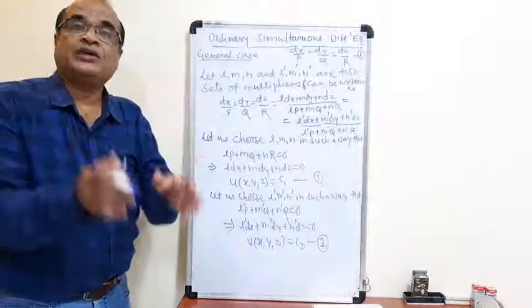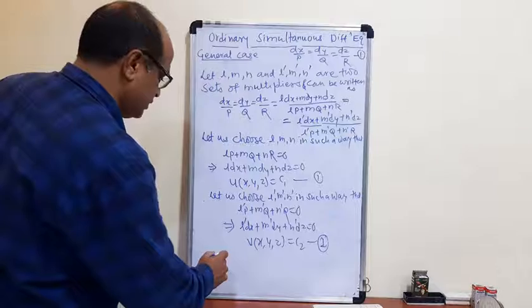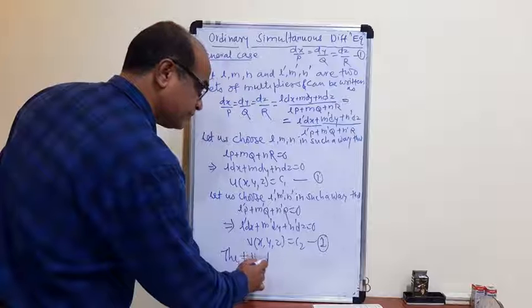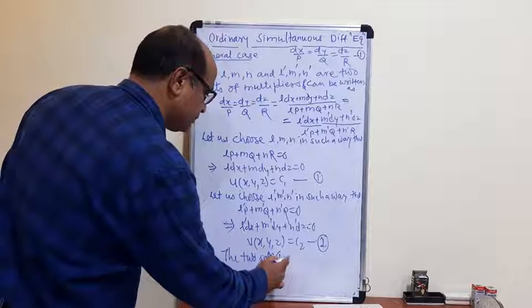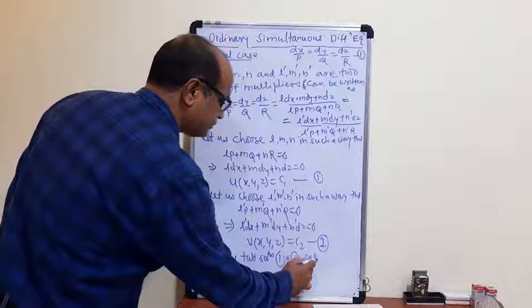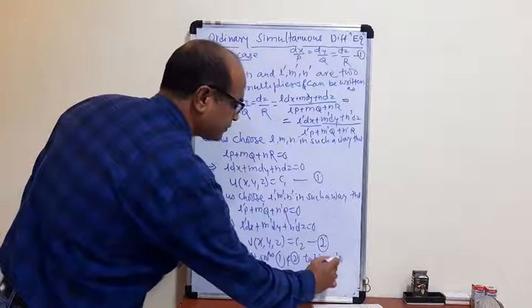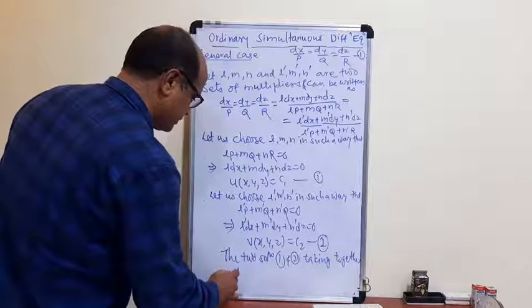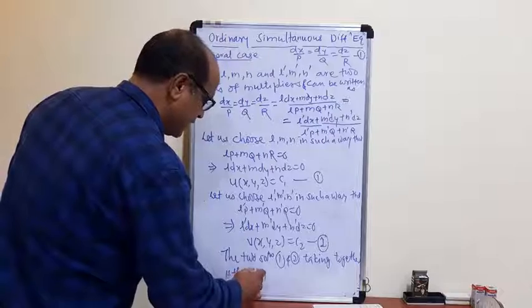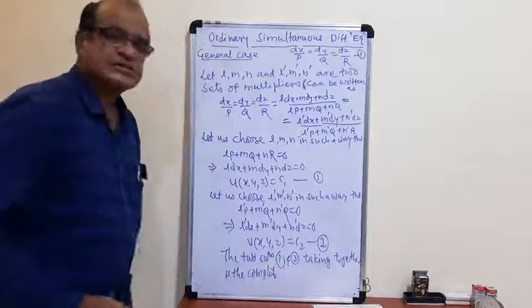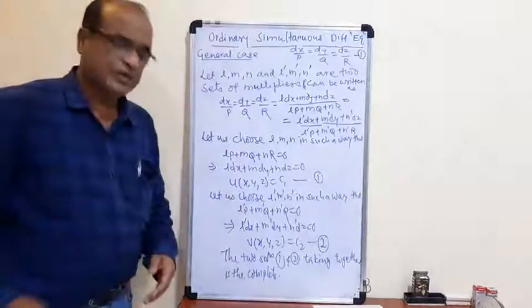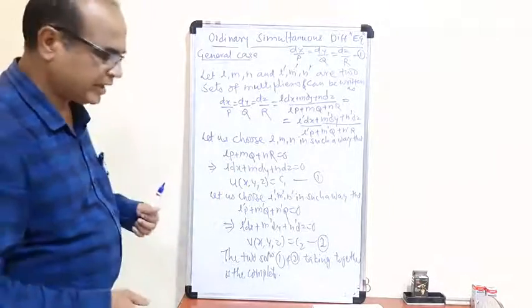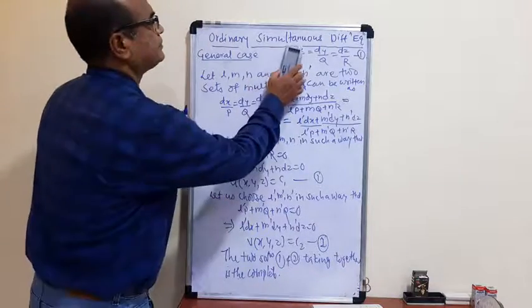Those two solutions, 1 and 2, taken together are the complete solution. So here the theory is very simple: how to solve the simultaneous differential equation by taking sets of multipliers. Okay, so we take an example.